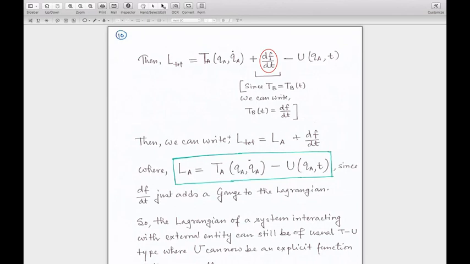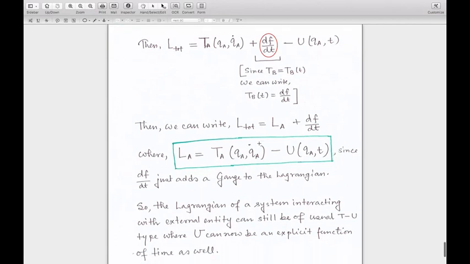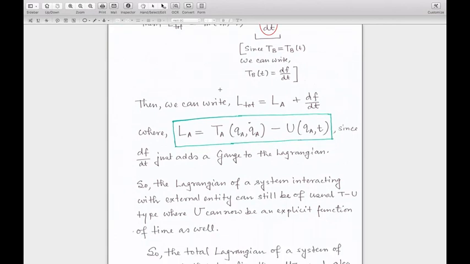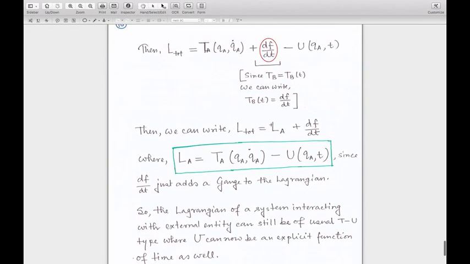Now LA and L tot differ from each other just by the total time derivative of f, which is a function of t. So they will give the same equations of motion. So we can finally claim that we can have a Lagrangian, something like T minus U, which is a function of QA, QA dot and t.